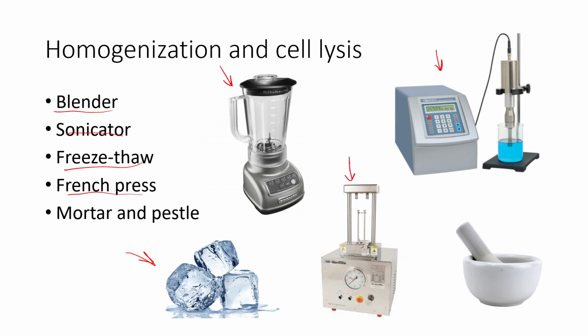It uses pressure to force all the cells through a very tiny hole that helps squeeze the contents out and break the cells open. And one last option on the slide is the mortar and pestle, which you may have seen in the kitchen or somewhere else. We also use it in the lab to physically grind up samples and start breaking them down. These are just a few of the options we have for homogenizing and lysing the cells.